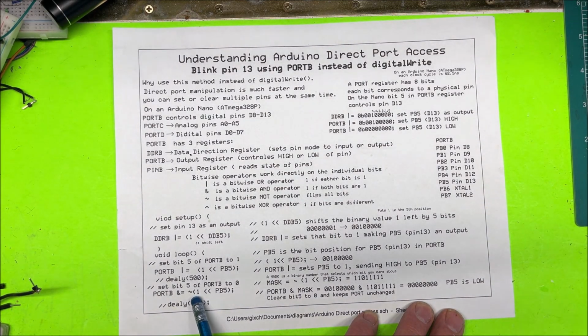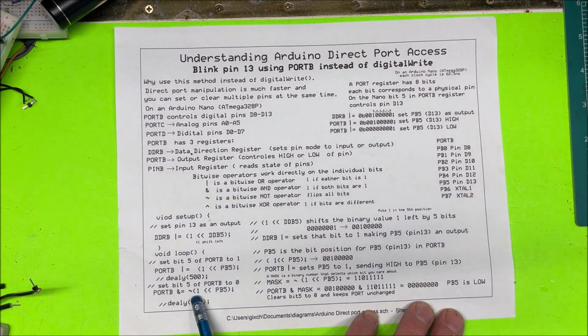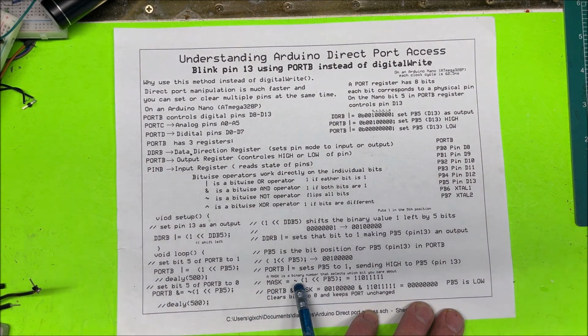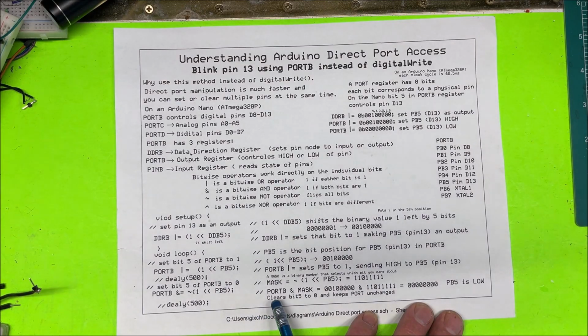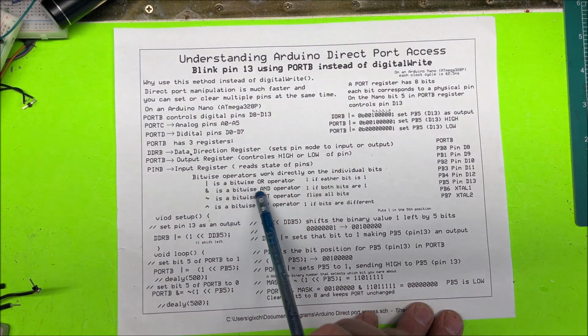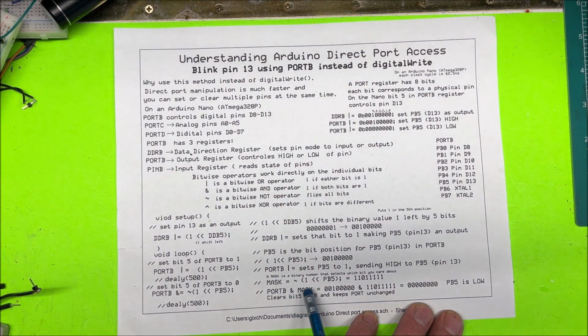We have this here. This is the NOT operator. So we have NOT, we shift left, NOT, 5 places. What that does is form a mask, and it takes the bits and reverses all the bits here. So we have all 1s and a 0 in that spot. Then we take our port B here, and an AND, this ampersand, an AND operator, and we put those 2 together.